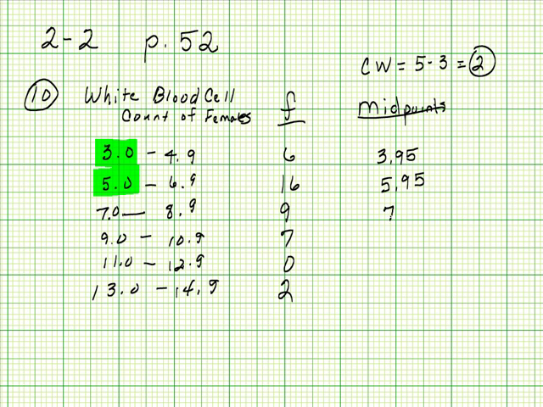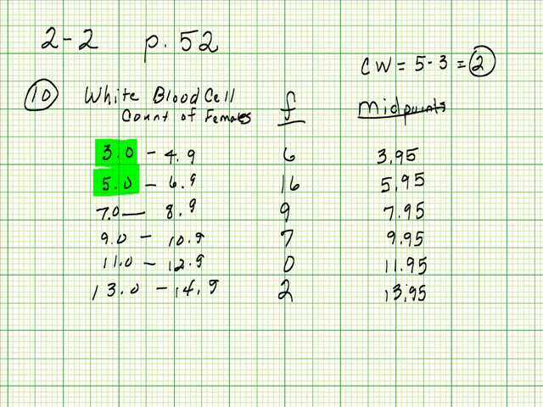Now what you'll notice on each of these is a difference of the class width. So the next one would be 9.95. Saves you a little bit of computation. And 13.95, just adding 2.